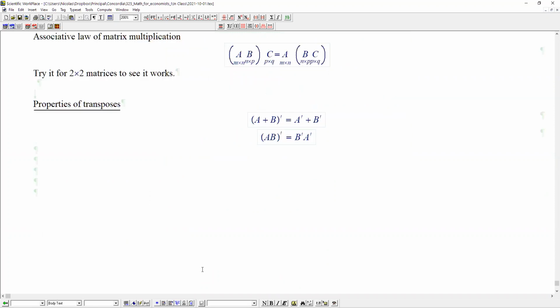So just to show you how this is the case. If you have, for instance, A is 3 by 2 and B is 2 by 3. So if you transpose it, you get 2 by 3 and 3 by 2.